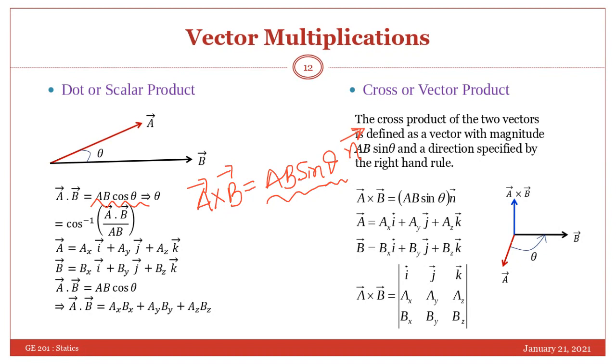And what is the direction? What is the direction whose unit vector is this? That we can get with the help of the right hand rule. And what is the right hand rule?